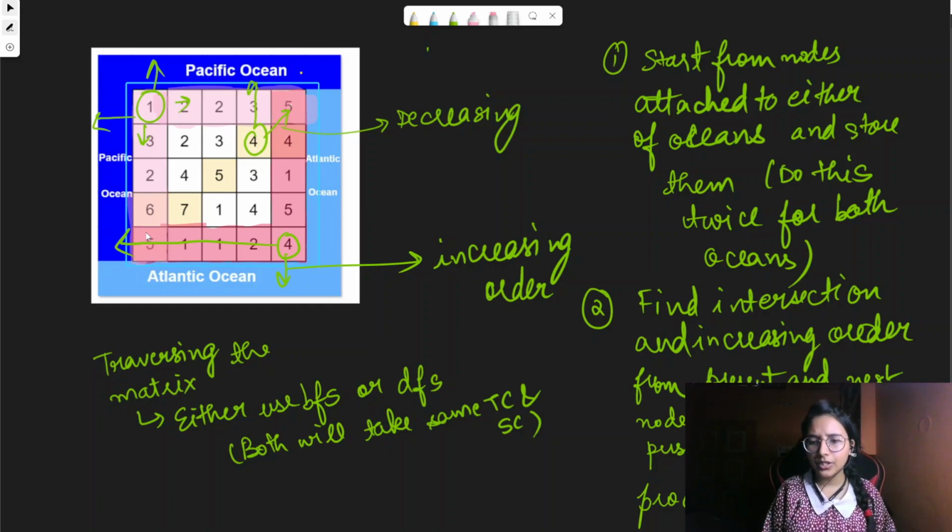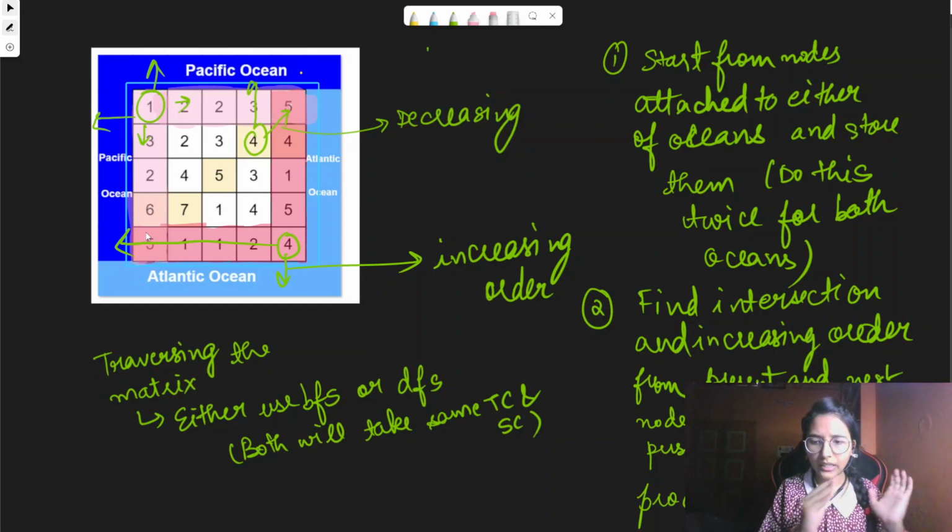As per our question also, BFS or DFS both will work. Here we are doing BFS or DFS just for traversal purposes, and we will modify that BFS or DFS with the condition of whether our present node is in increasing order or not. That will make our question doable.